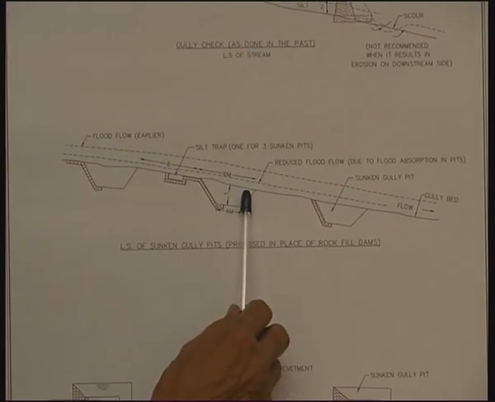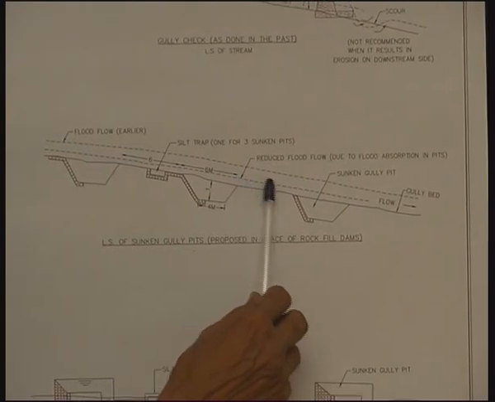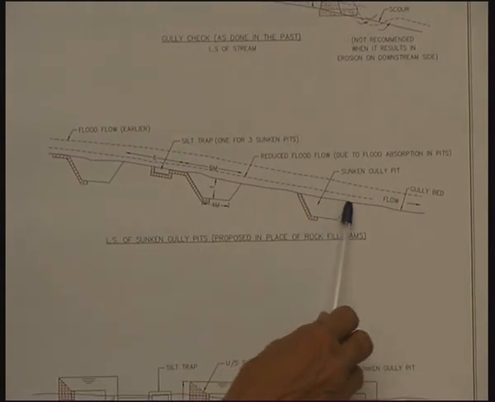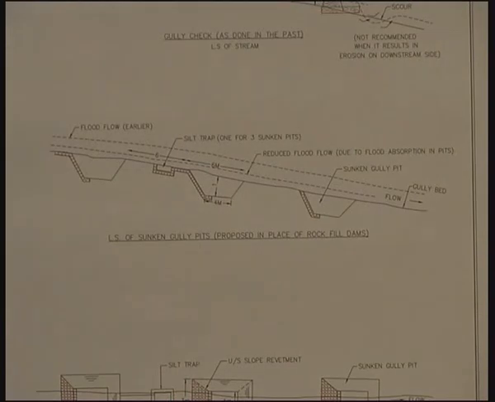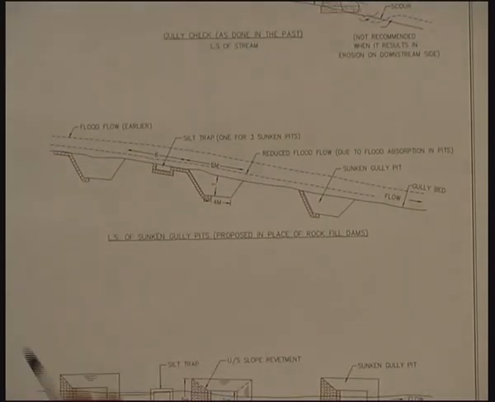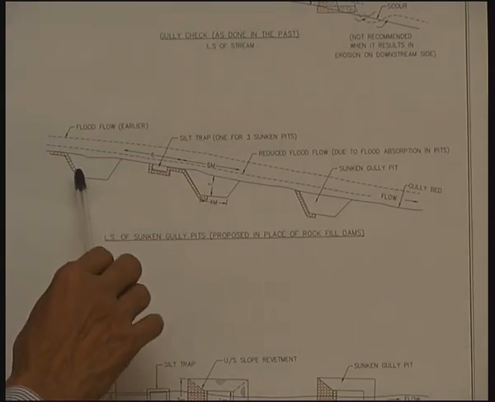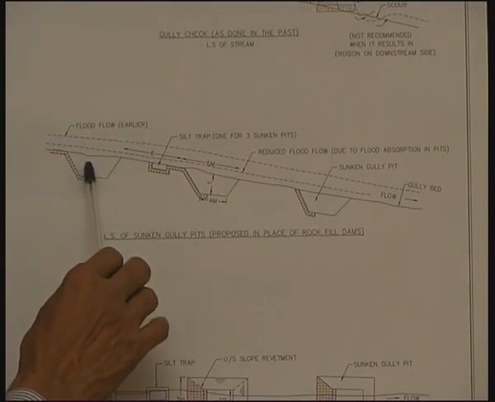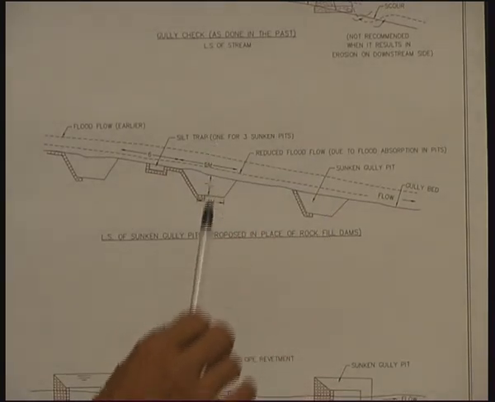It gets filled up. Like that, the water flowing down will fill up all these sunken pits. Because there is certain storage created in these sunken pits, the discharge gets absorbed in these sunken pits.